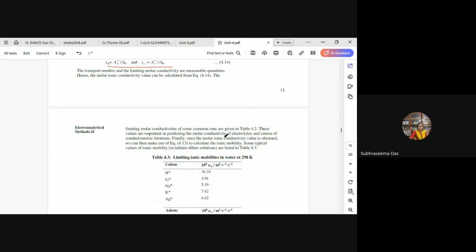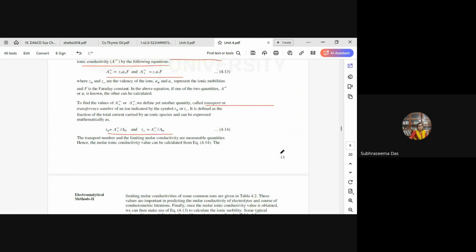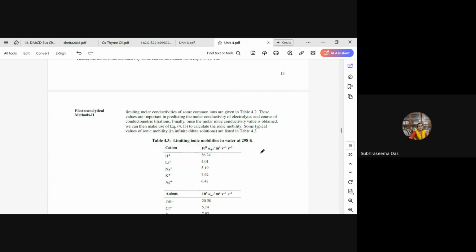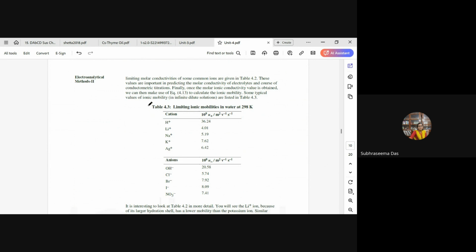The limiting molar conductivities of certain ions have been shown here in table 4.3. These values are very important. Once the molar ionic conductivity value is obtained, then using equation 3, we can calculate lambda m. In table 4.3, the limiting ionic mobilities in water for some cations and anions have been listed.